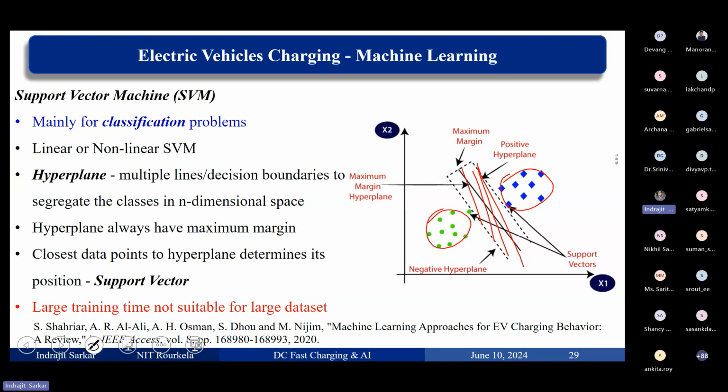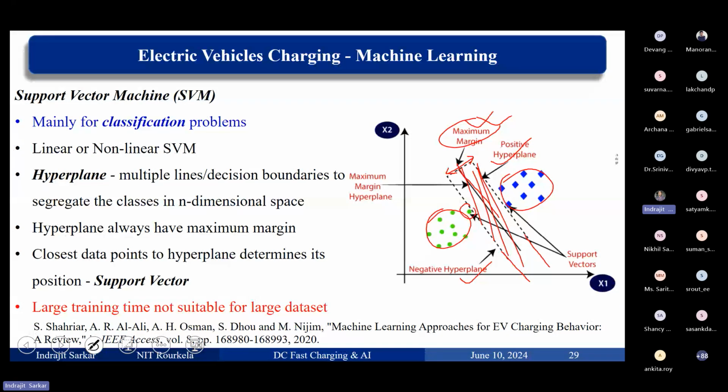One boundary is the negative hyperplane, another is the positive hyperplane, and the middle line is the maximum margin hyperplane. The distance between these two is the maximum margin. Now, how to decide on the maximum margin? There are support vectors.